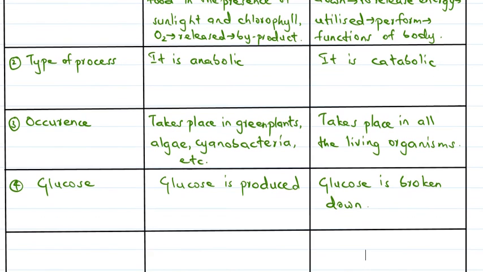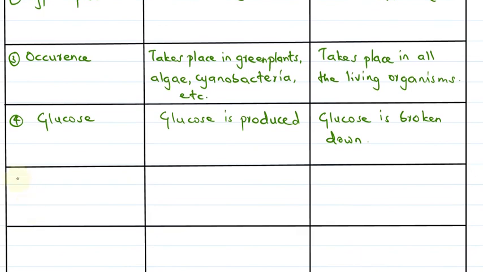The next parameter would be the byproduct. In case of photosynthesis, the byproduct is oxygen, whereas in case of respiration, the byproduct that is produced here is carbon dioxide.